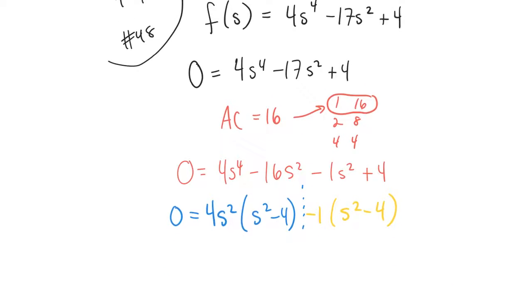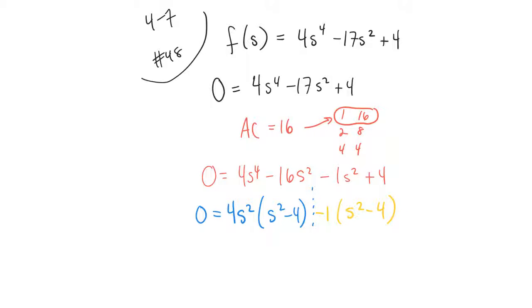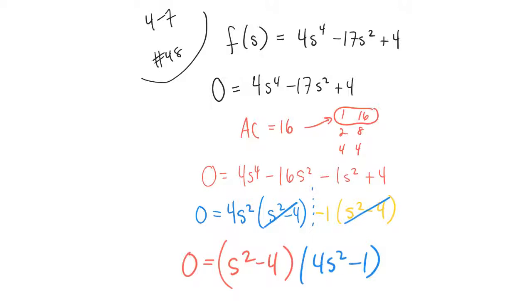Now that s squared minus 4 is in both terms, I could factor it out in front. When s squared minus 4 comes out of here, I think of it this way. Take a look at what I'm doing, please. When I take s squared minus 4 out, I think of it as if I'm crossing this out. I'm literally taking it out of both terms, leaving me behind with 4s squared minus 1, which comes from this piece and this piece together.